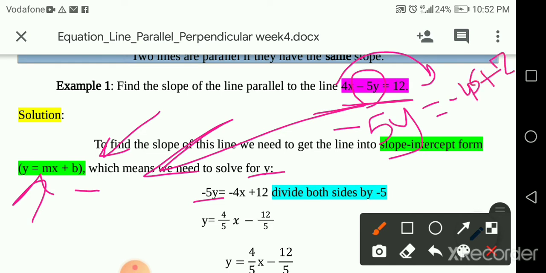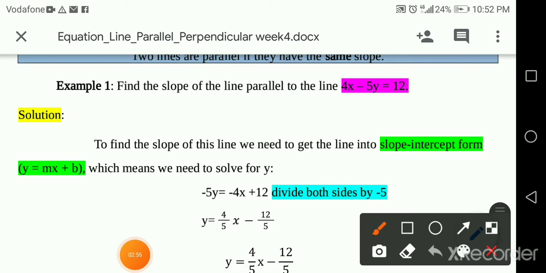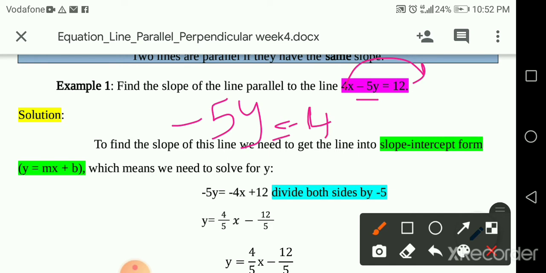I started with negative 5y and moved 4x to the other side, and it becomes negative 4x, plus 12.